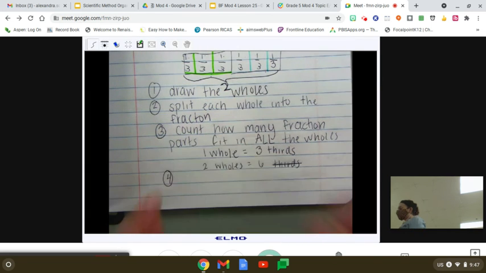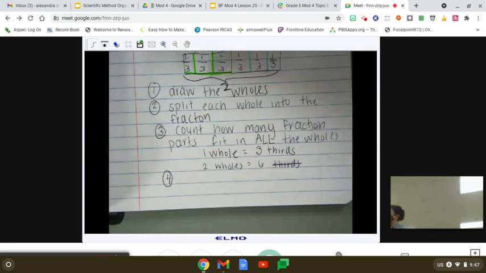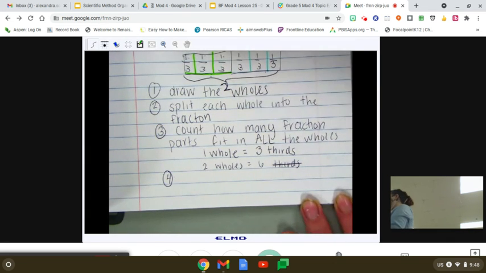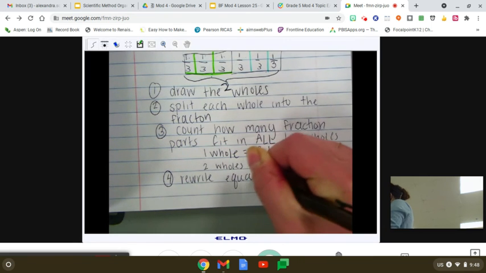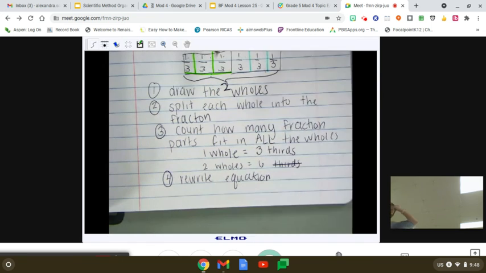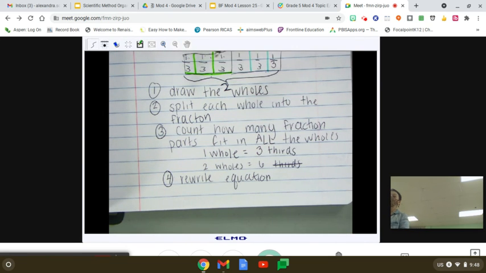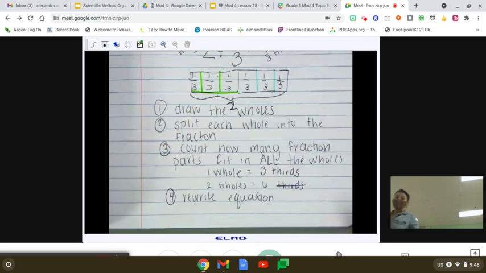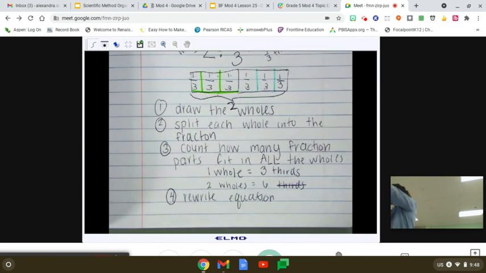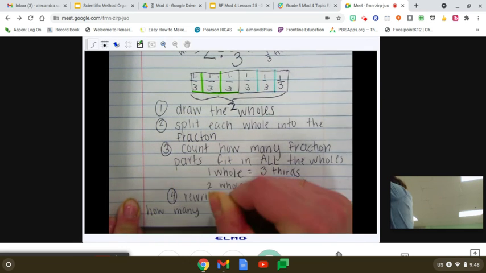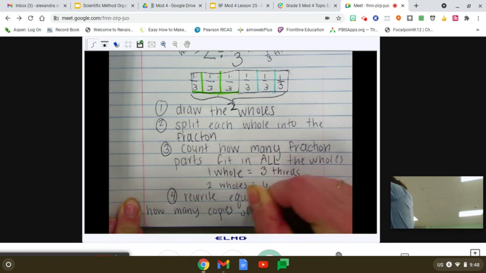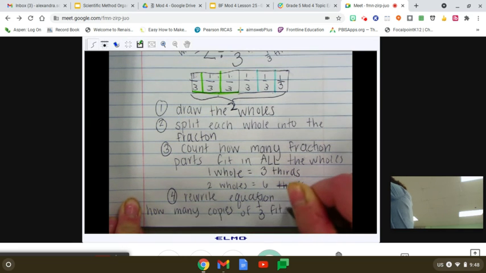So step 3 is that you count. Step 4 would be to rewrite the equation. Remember what we are looking for? We are looking for how many copies of 1/3 fit in 2. So we're going to write that down. How many copies of 1/3 fit in 2?